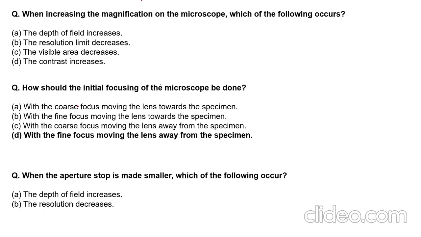So that will not be affected. And the C option is that the visible area decreases, which is true, because now you are at a higher magnification and the area that you are seeing will decrease. So the visible area decreases is the right option whenever you are going for an increase in the magnification.